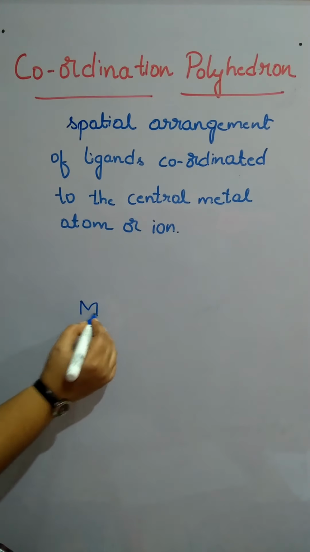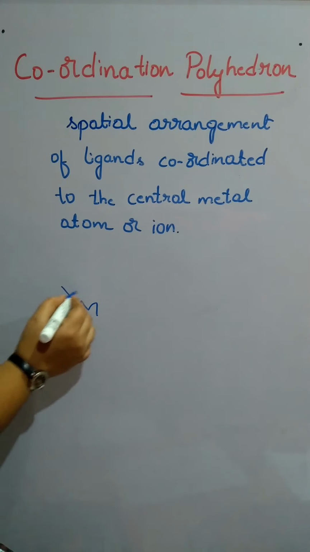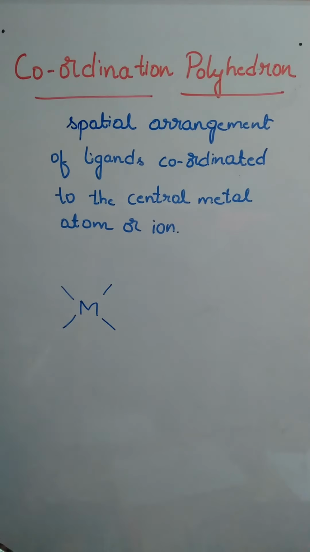If a central metal atom is bonded with the ligands, how the ligands are arranged three-dimensionally is nothing but the coordination polyhedron.